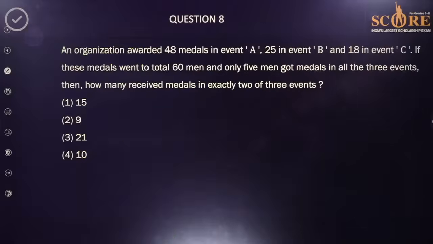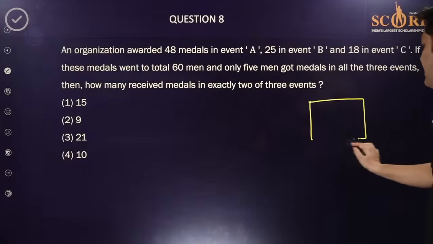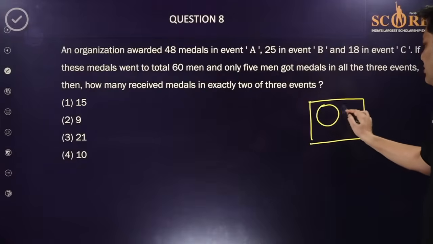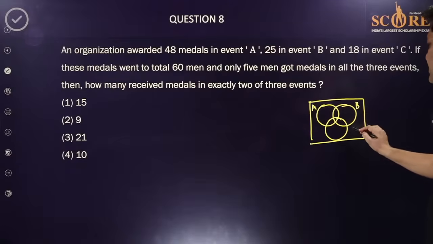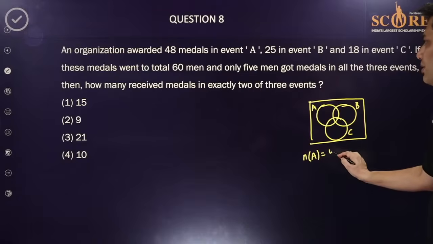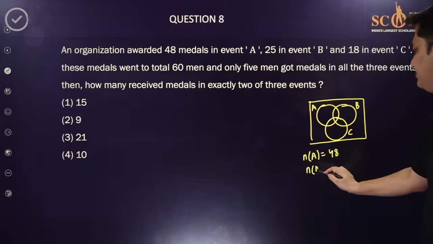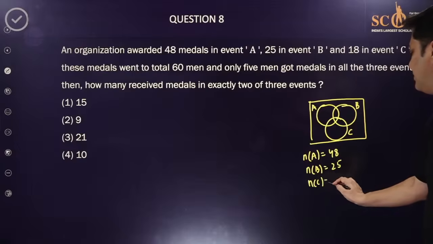An organization awarded 48 medals in event A, 25 in event B, and 18 in event C. So this is event A, this is event B, this is event C. So N of A is 48, N of B is 25, N of C is 18.